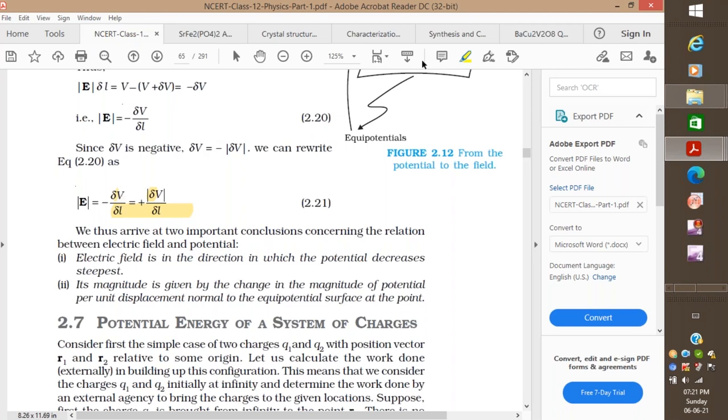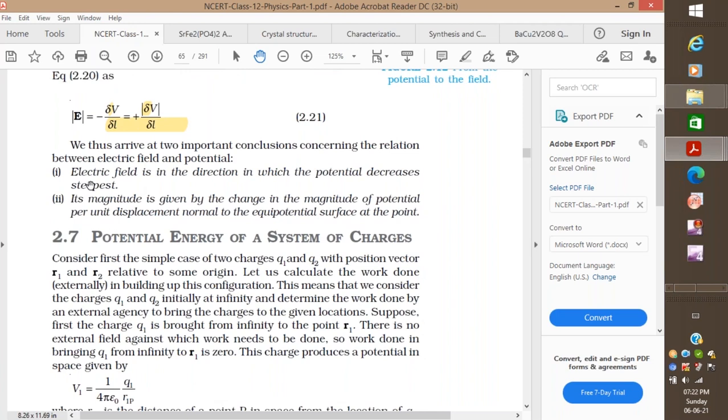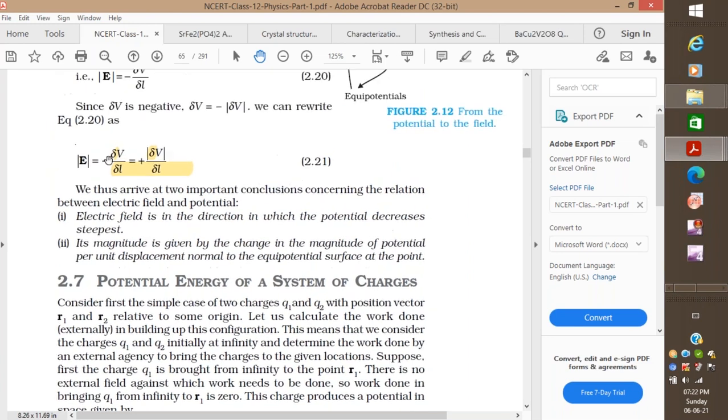Okay, look, this conclusion you might be having difficulty understanding, what this line means. The electric field is in the direction in which the potential decreases steepest. That means if the rate of change of potential is more, then the electric field is more in that direction. And since there is a negative sign, I can say this rate of change is negative means what?